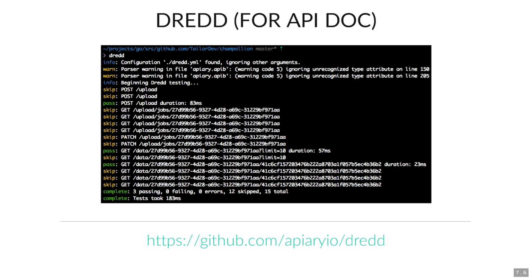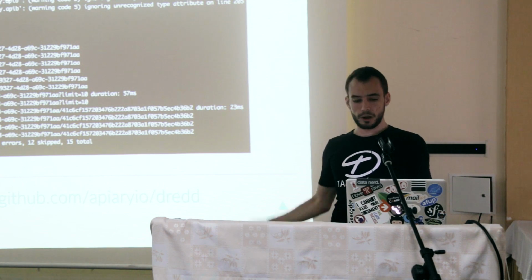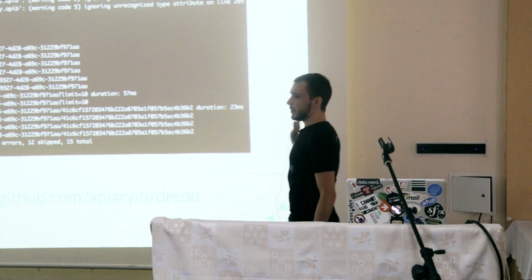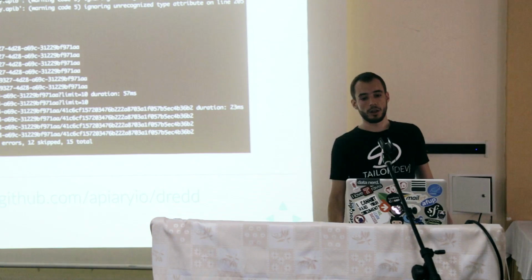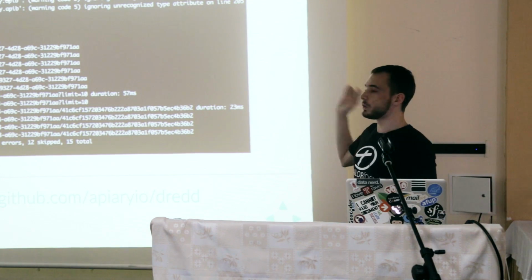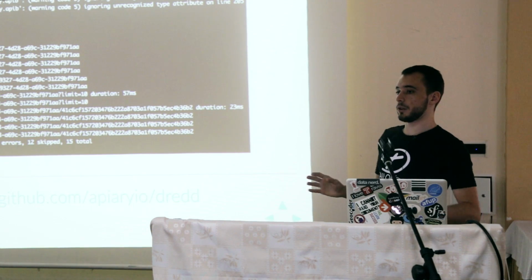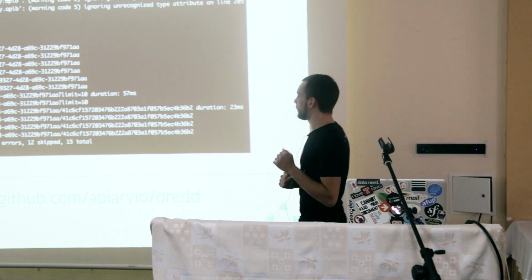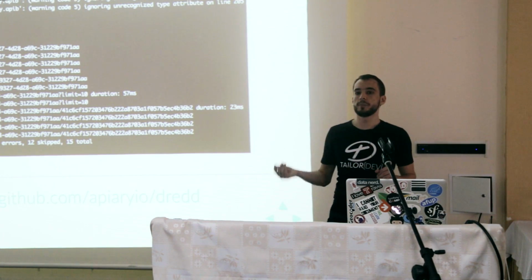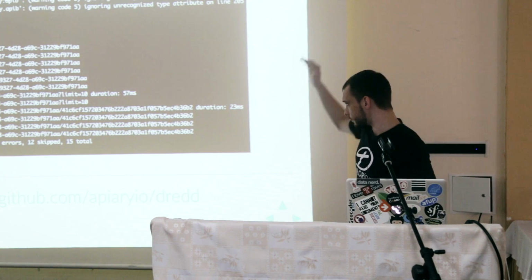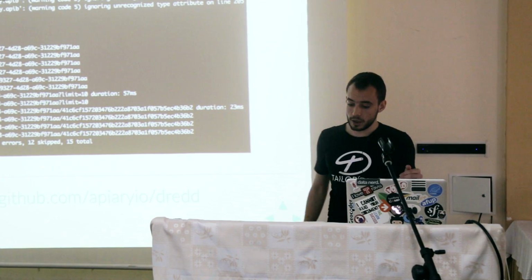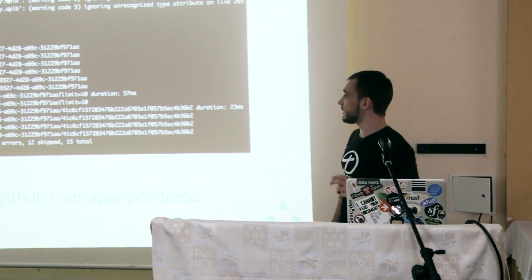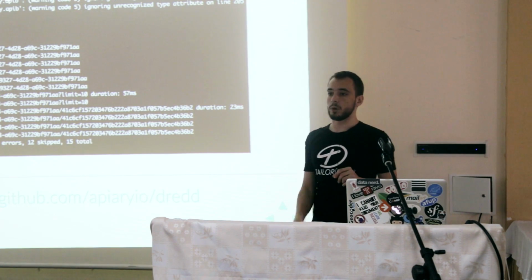And for the API doc, I told you about Dredd before, and here is Dredd. So Dredd isn't about testing your API, but testing the API documentation. So you pass to Dredd your specification, your API blueprint file, the markdown file, and the endpoint to your API, and then it looks at each part of your documentation and tries to see if it works.